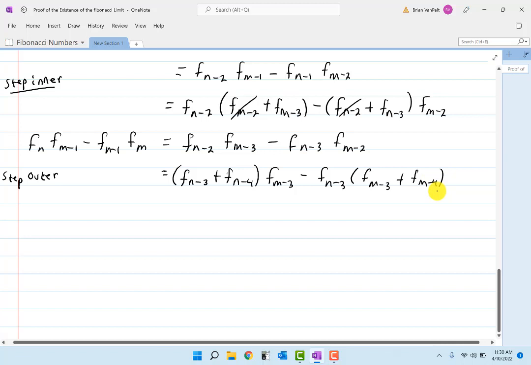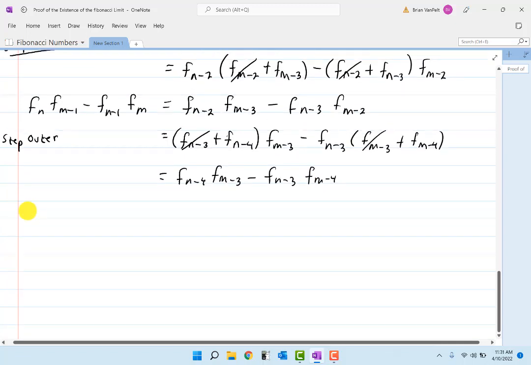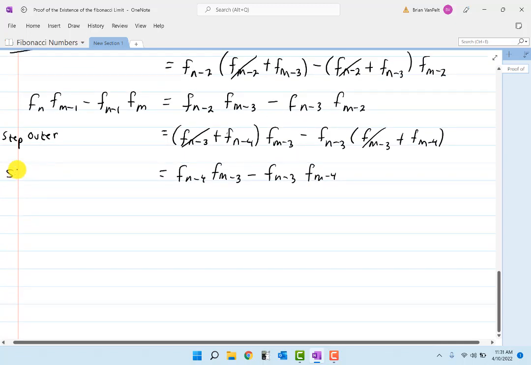And cancel what's obvious. The n minus 3, m minus 3's cancel. And we have f of n minus 4, f of m minus 3, minus f of n minus 3, f of m minus 4. Now I'm going to do my step inner.